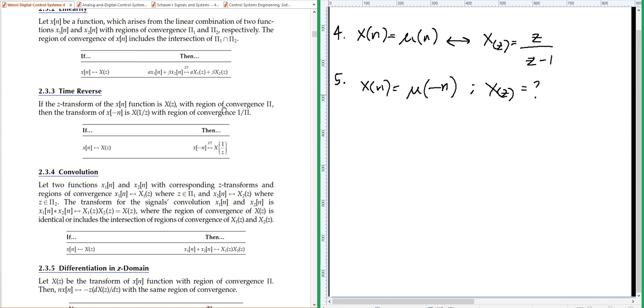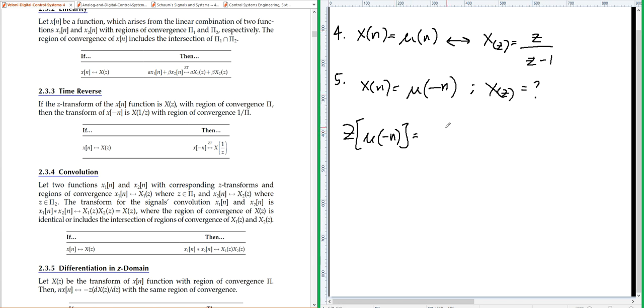Based on this time reverse property, if you have n become negative n, your z becomes 1 over z. So to get the z transform of u[-n], wherever there is a z in your z transform, you just substitute it with 1 over z.